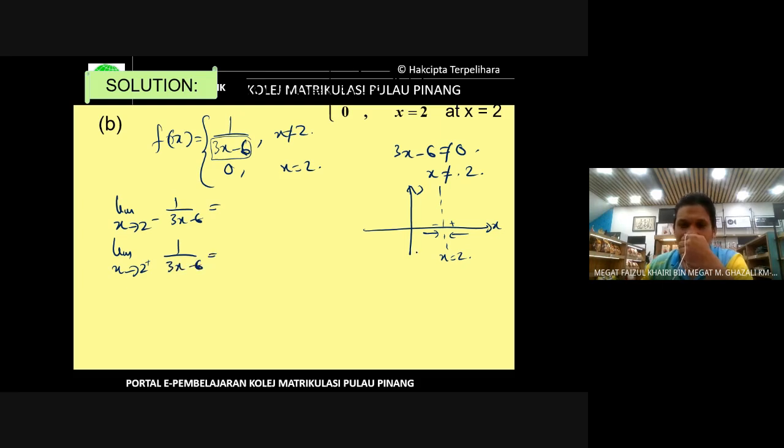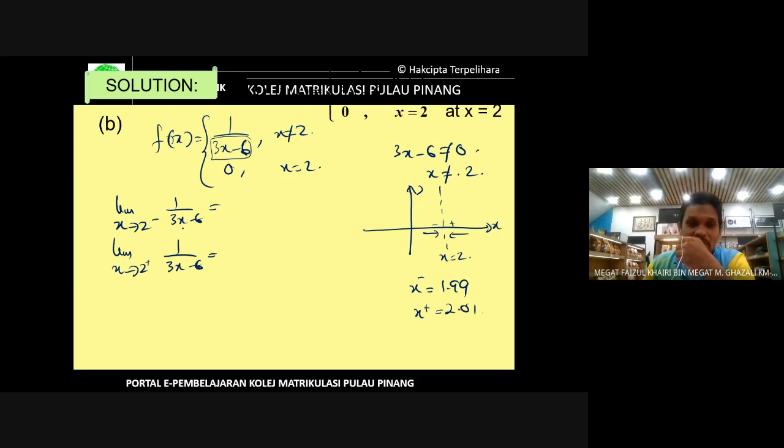Okay class, just give me any value of x approaching 2 from the left: 0, 1, 1.5, 1.7, 1.8, 1.9, 1.99. Okay, 1.99. X approaching 2 from the right: 5, 4, 3, 2.5, 2.3, 2.2, 2.1, 2.01. Let's say 2.01.